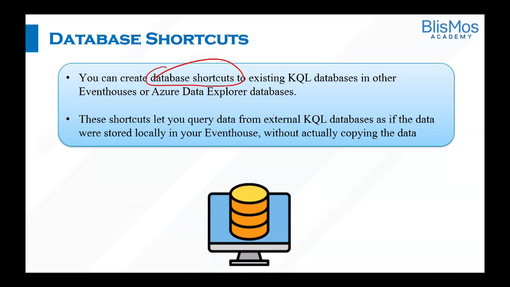As a user, all you have to do is point to that external KQL database. No need to really worry about bringing the data, ingesting the data. It almost works like you are querying the data from an external database as if the data was stored locally in your event house. Okay. As a part of the organization, you have to use the data from other databases, other systems. If you don't have shortcuts, it is a big headache. That is solved by the database shortcuts.